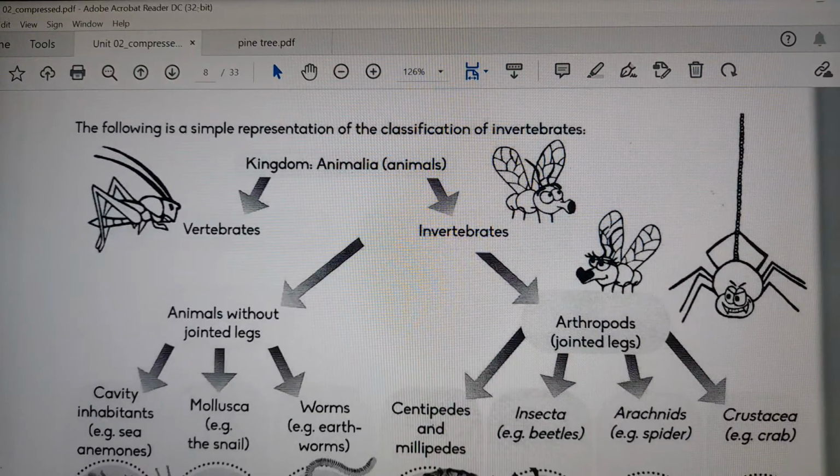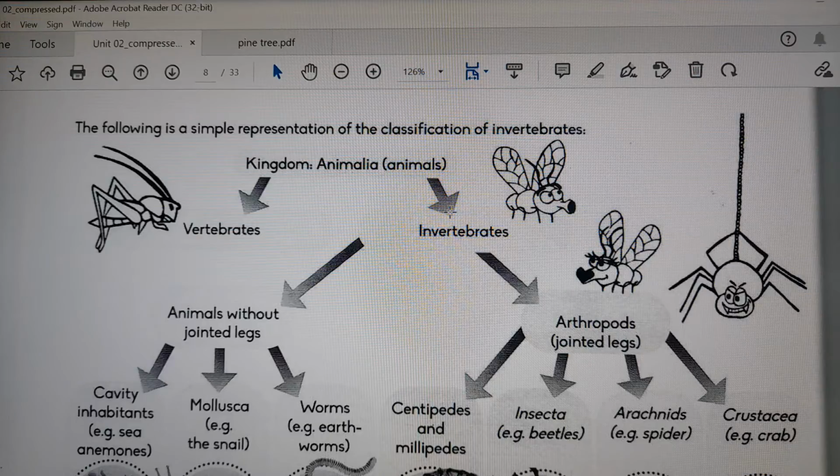The following is a simple representation of the classification of invertebrate animals. So invertebrates are animals. These are vertebrates, we've covered them, classified into five groups. Now we are looking into invertebrate animals.